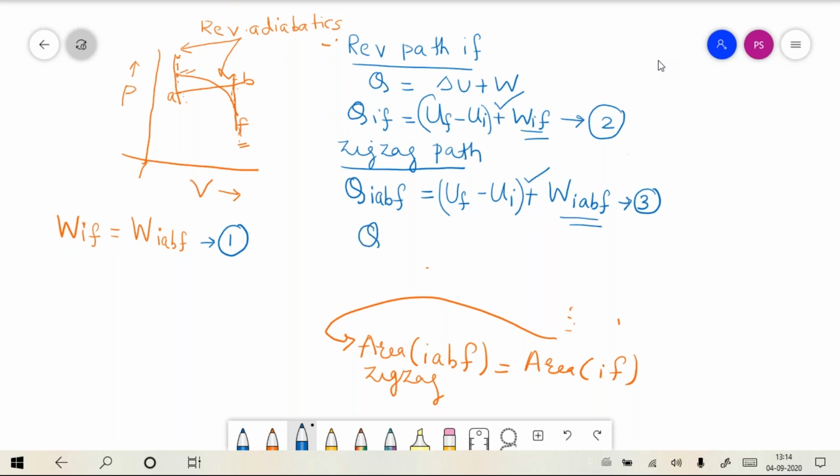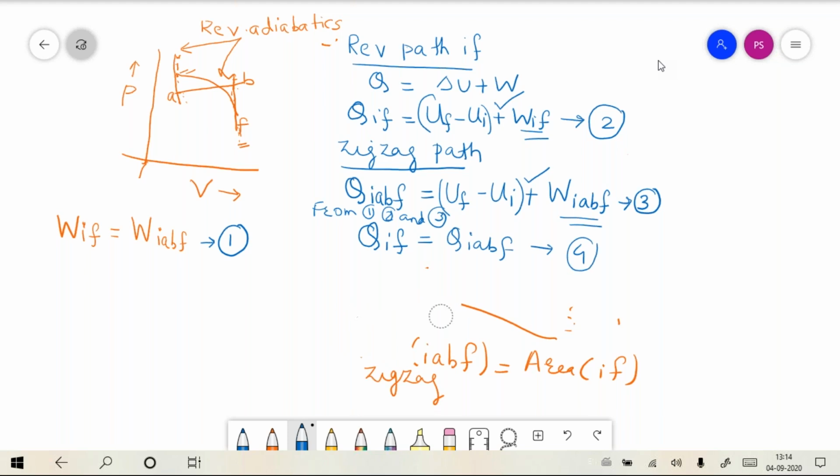It means that the heat transfer during the reversible path I to F, Q_IF, is equal to Q_IABF. Let us call this equation 4.